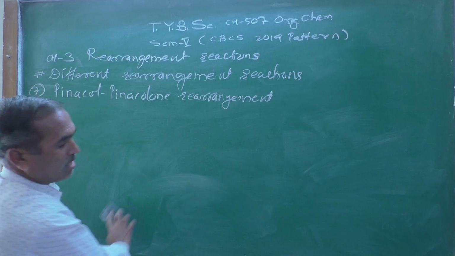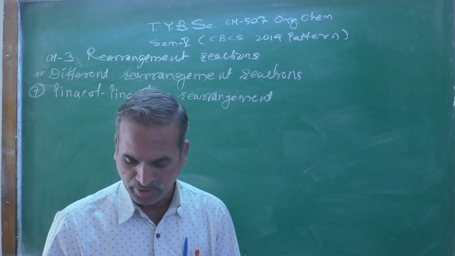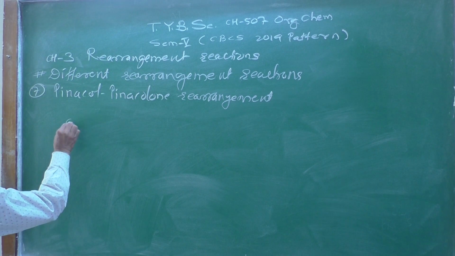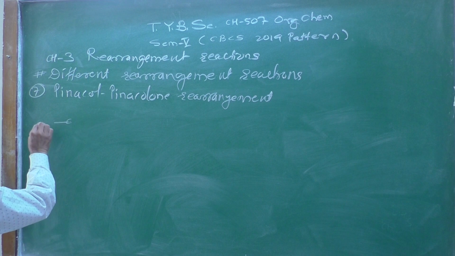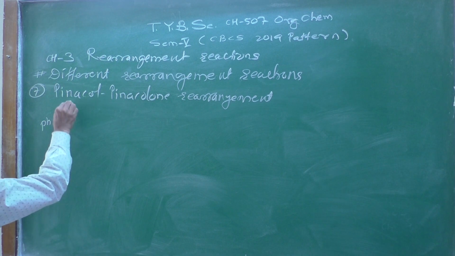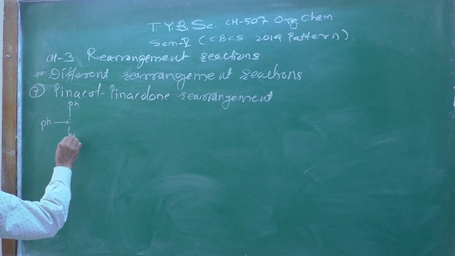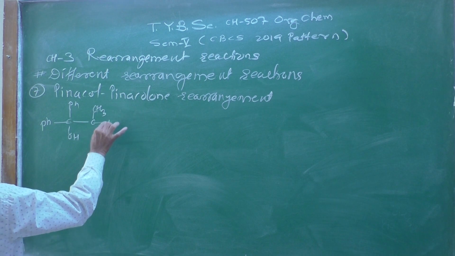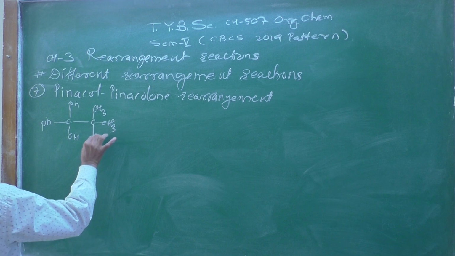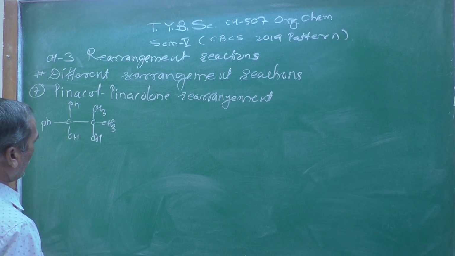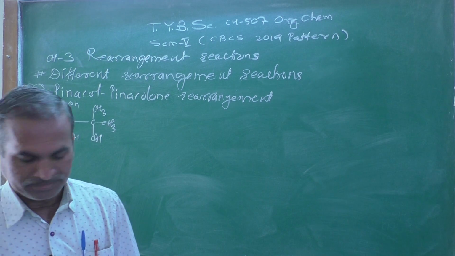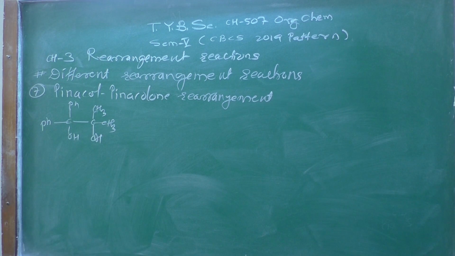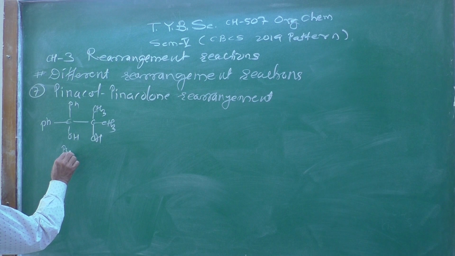The example I am going to show over here: on the first carbon atom there is Ph, meaning a phenyl group, and OH, and then here also CH3, then CH3 and OH. Now in an acidic medium, there is a 1,2-diol. This is a pinacol.